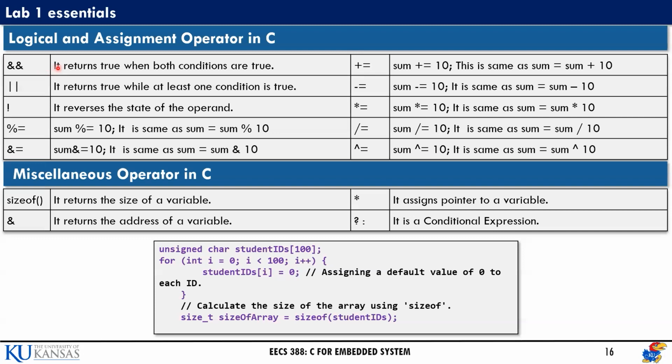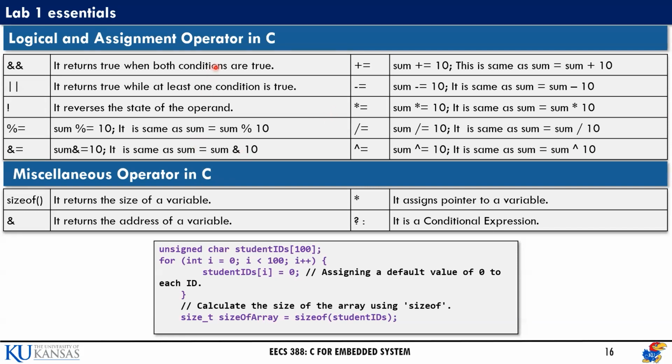For example, on the right hand side of this and there is one condition, and on the left hand side there is another condition, and if both conditions are true, then it will return true. So yeah, this is very straightforward. You can go through each one of these operators and try to understand their operations.